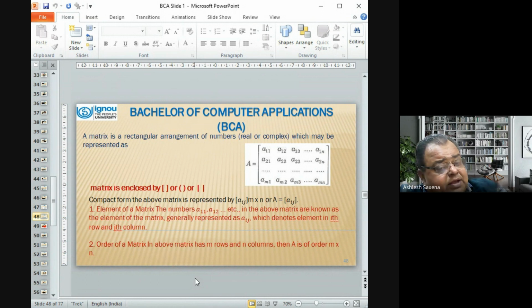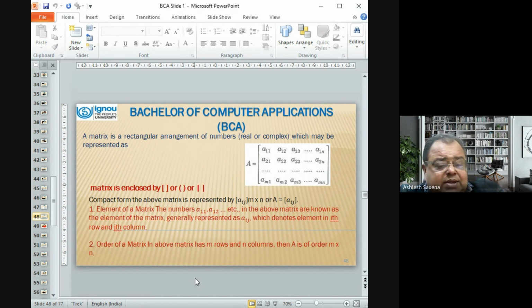You can see A11. A11 means the first element of the first row and the first column. If you talk about A33 or A23, A23 means the element of second row and third column.